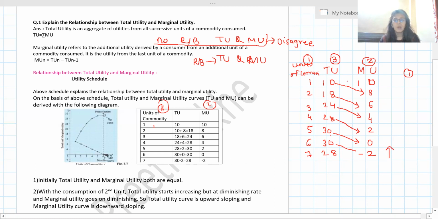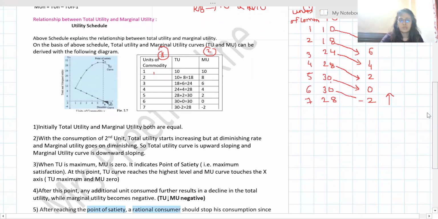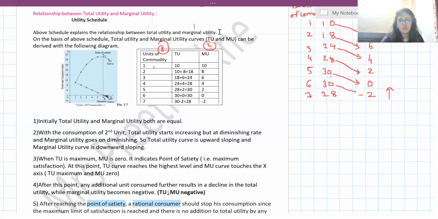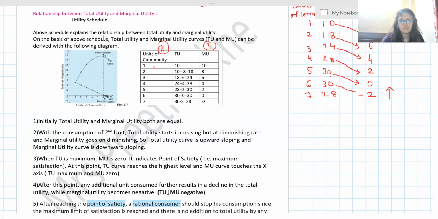Done with this. Now we are going to draw the diagram based on it. Now students, remember one thing while drawing the diagram. I will show you how to remember how to draw this diagram also. We will take some different color.